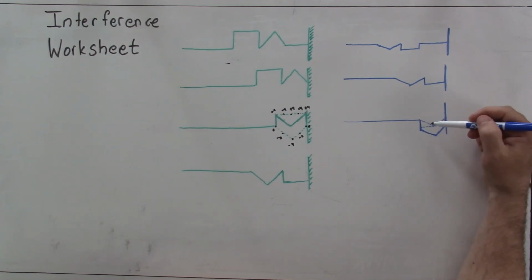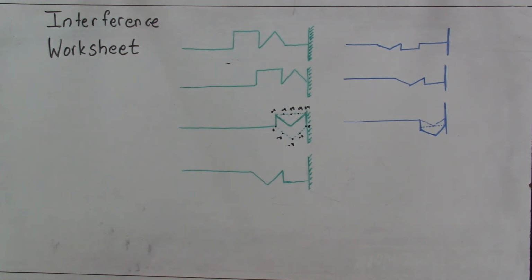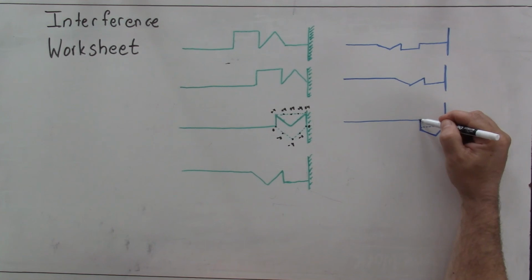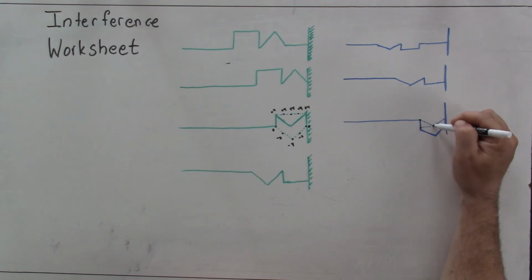Now we could just as easily have done the points, where this is 0 and 2 gives me 2, and this is 2 and 2 gives me 4, and 2 and 0, and right here this is 1 and 2 gives me 3, and 1 and 2 gives me 3.